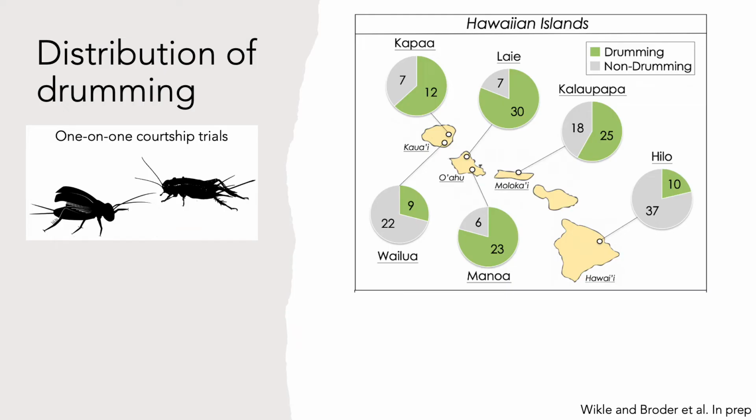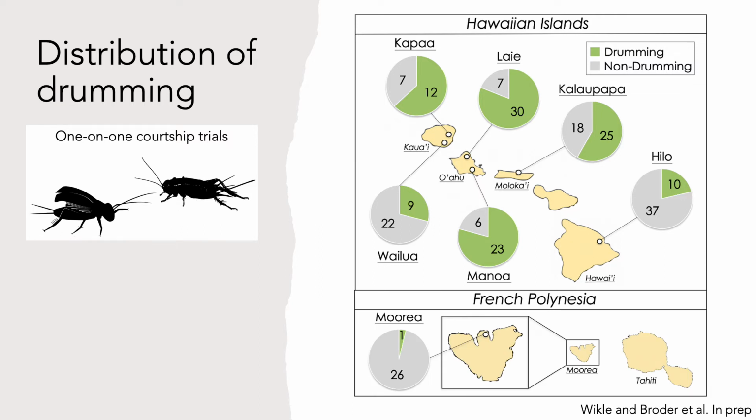And so we've been quantifying this drumming behavior using one-on-one courtship trials across those same 6 Hawaiian populations, each containing different male morphs. And you can see that we've observed drumming in all of the populations. And we just traveled to French Polynesia, which is the source of the Hawaiian populations. All of the males in French Polynesia produce ancestral song.